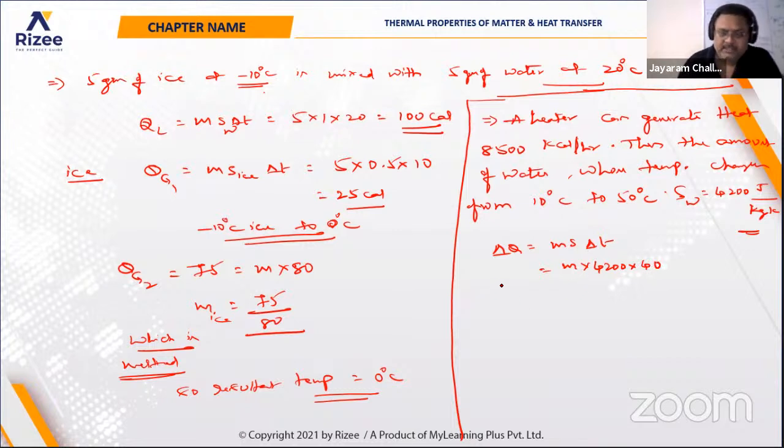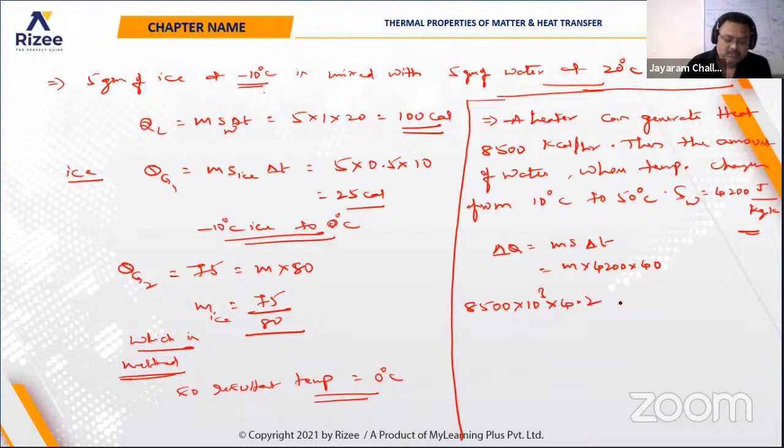But the total heat is given in kilocalories here, so 85,500 kilocalories means 10 to the power 3 into 4.2, which I'm taking to convert calories into joules.